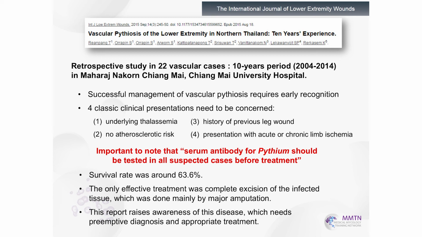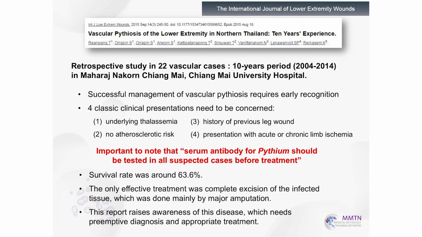Underlying thalassemia or red blood cell abnormal. History of previous limb wound. Know here the risk and presentation with acute or chronic limb ischemic. Important is that whenever you have suspected cases, test the serum very fast and not invasive, right? Survival rate is about 64%.